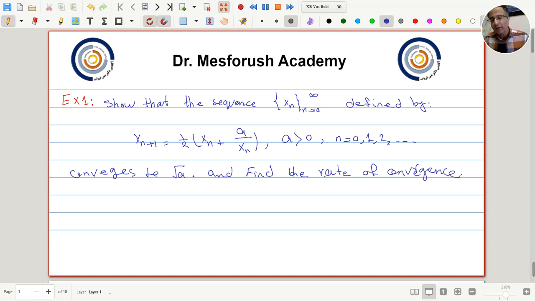In fact, I want to say is it, for example, linearly convergent or in fact the second order of convergence. It's in fact quadratic.